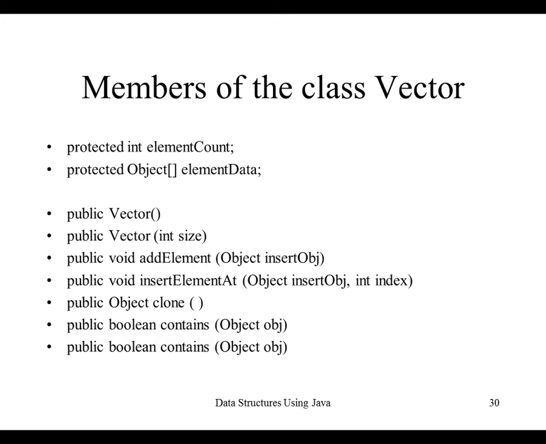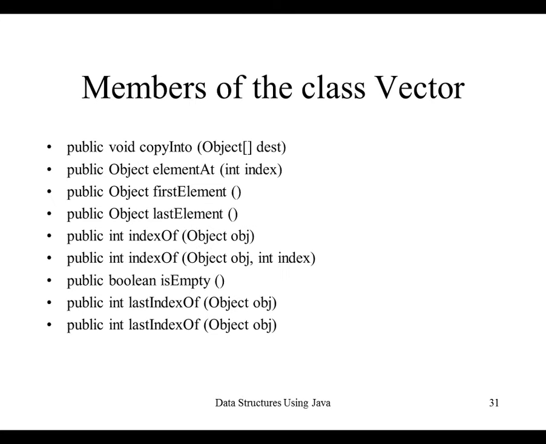Next, public boolean contains with parameter Object obj. This returns true if the vector object contains the object specified by obj. Otherwise, it returns false.